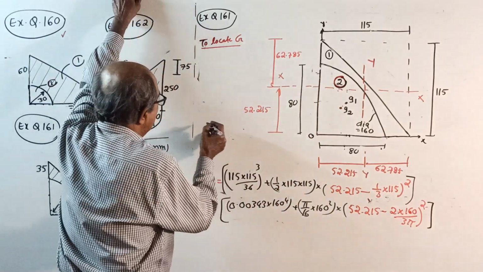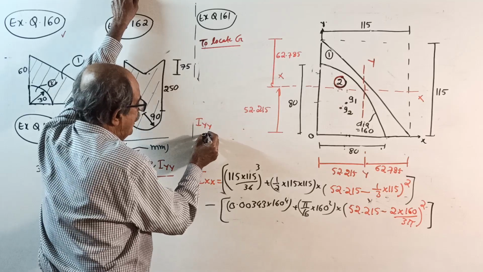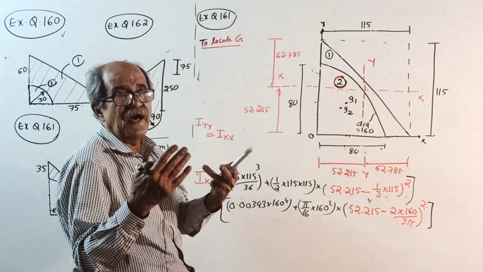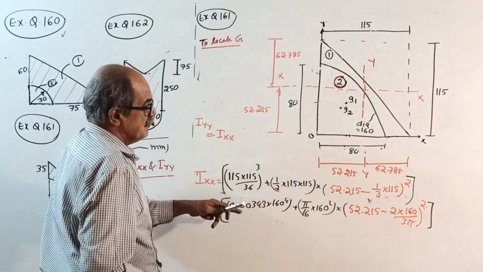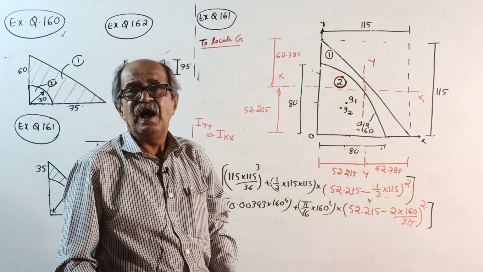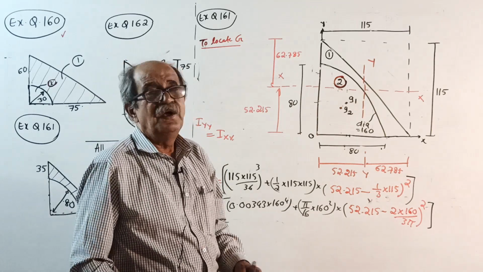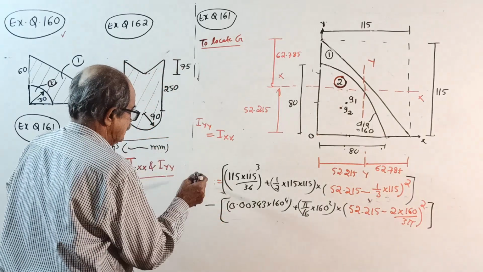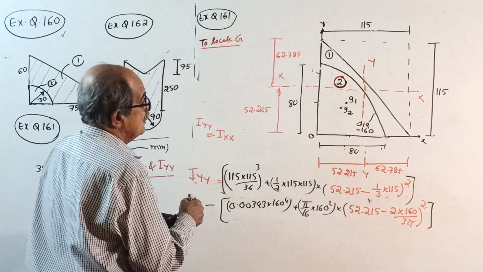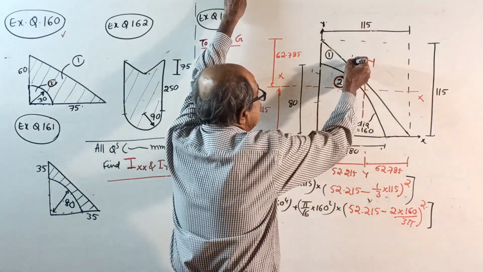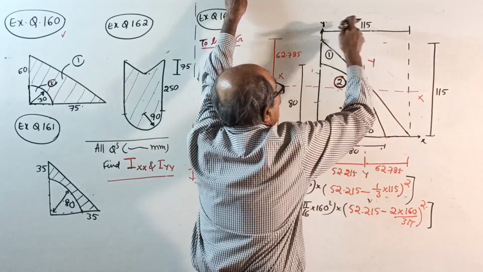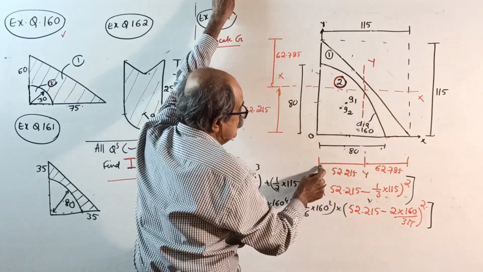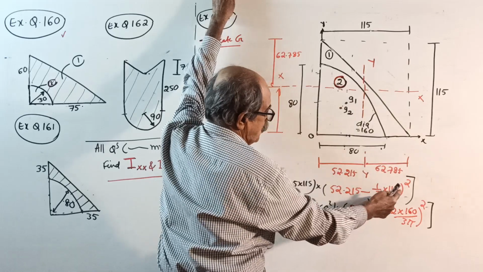Then do one thing, right? IYY, no, not required, equal to IXX. Because see, or if you are that eager, once you get IXX, you can write here IYY equal to IXX. Or suppose you get confused, do one thing, write IYY once again. See here, I about its own center axis, 115 into 115 cube divided by 36 plus area into this distance square, 52.215 minus 1/3 of 115, whole square.